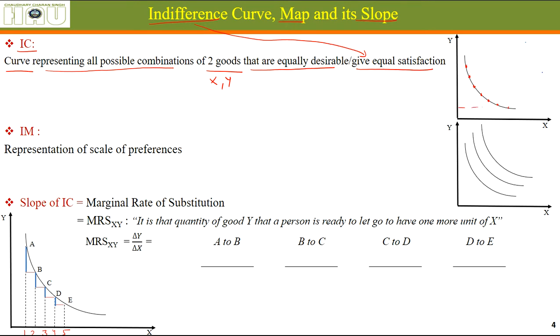Let's say combination A, combination B and combination C. All of them have different quantities of X and Y, but A, B and C all give equal satisfaction. So when we join all these points, we get a curve which is called an indifference curve. Why it has this specific shape, we'll be studying further in its properties.